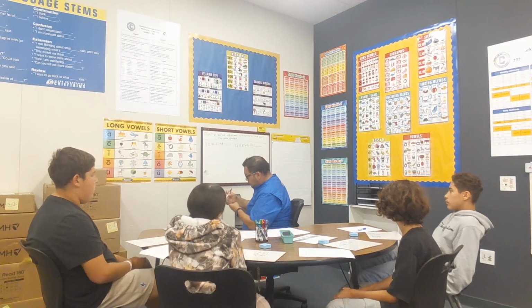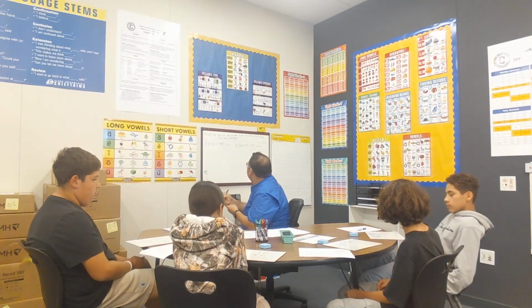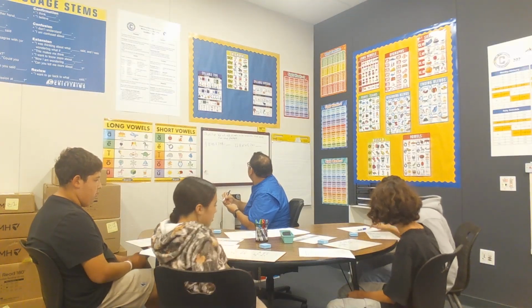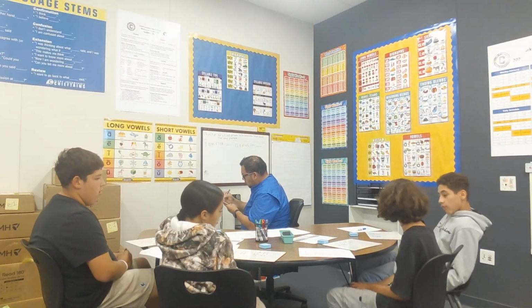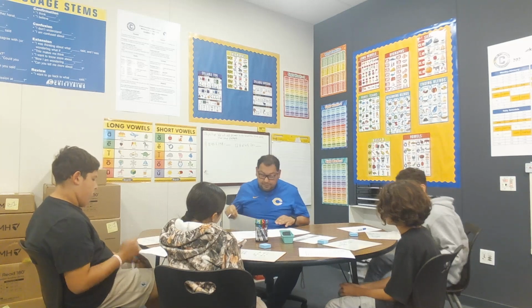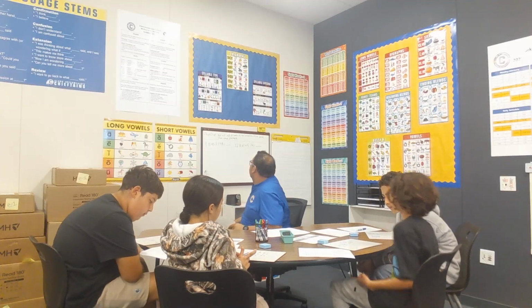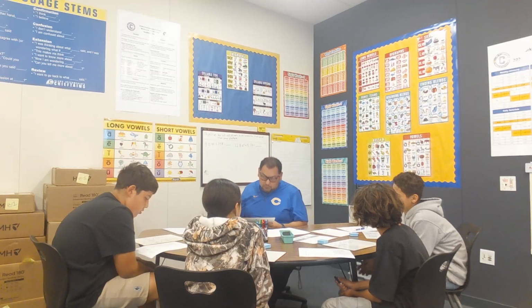All right. Can someone tell me how did you guys get your answer? You can use your sentence frames if you like here. How do you know you got the right answer? Because I double checked my answer and I know it's right. Okay.